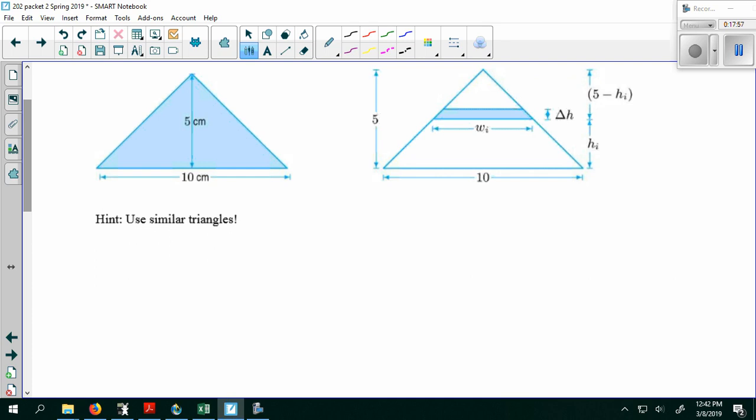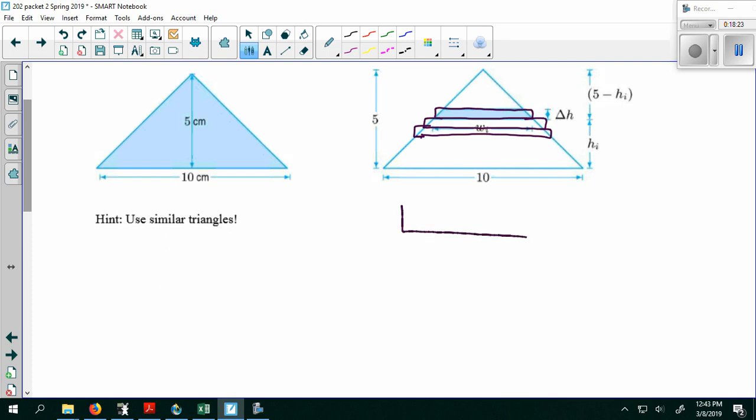Okay, so each of my slices is going to be a horizontally sliced rectangle, and I'm going to add a bunch of these rectangles up. So I'm stacking a bunch of these rectangles up here, so it'll look like this. All right, so I have drawn one representative rectangle for you.